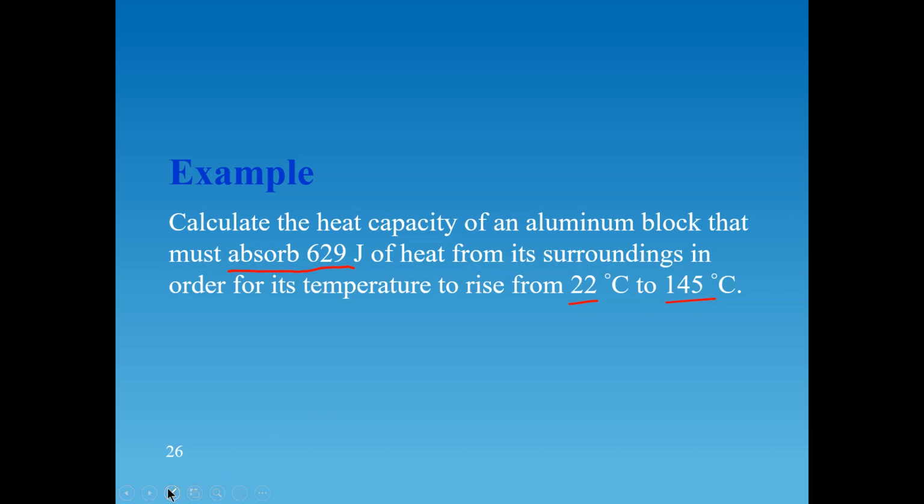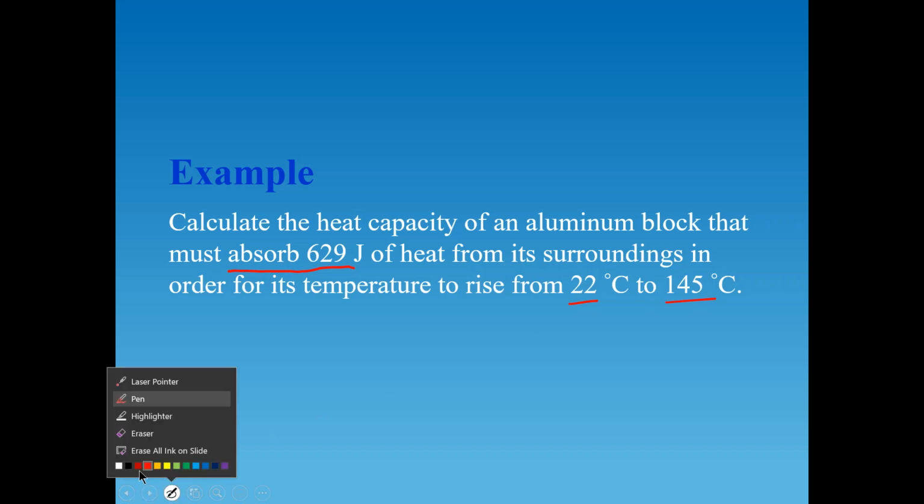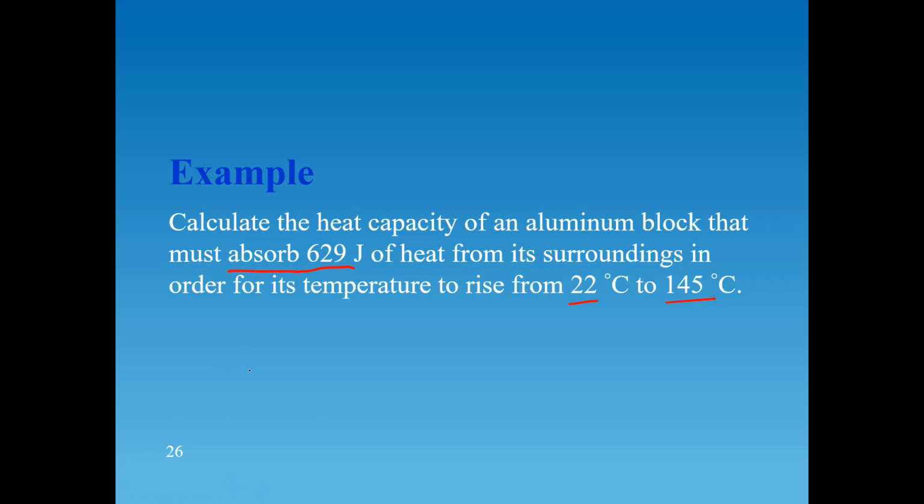So, let me go back to my black ink here. Remember, I showed you earlier that the heat capacity is equal to the heat change Q divided by the change in temperature, right? Now, because it absorbs 629 joules of heat, the heat change here will be positive. So you're just going to write 629 joules above.